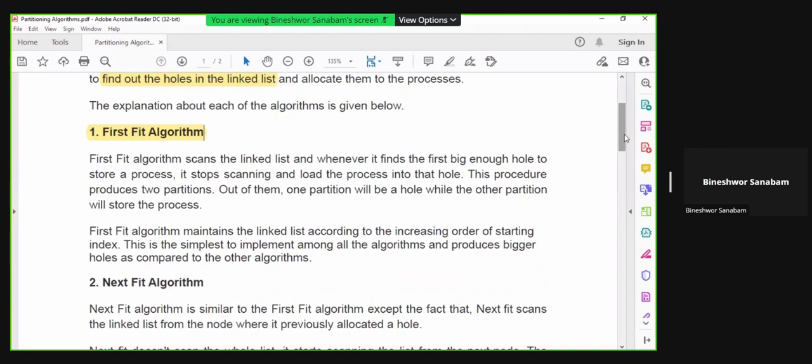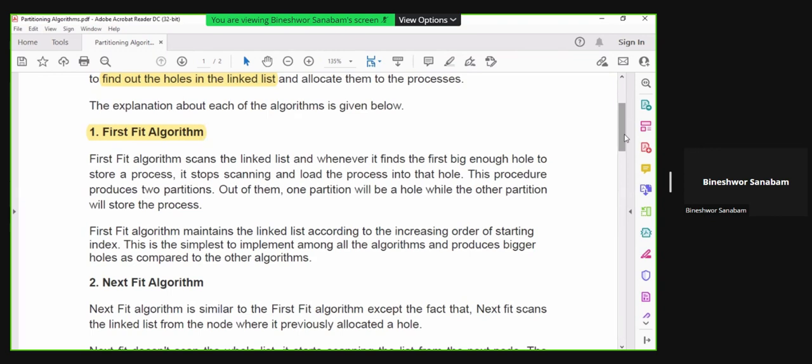As the name suggests, first fit algorithm. We know that in a linked list we have to scan. The linked list has the information of whether the memory is free or being used by another process.